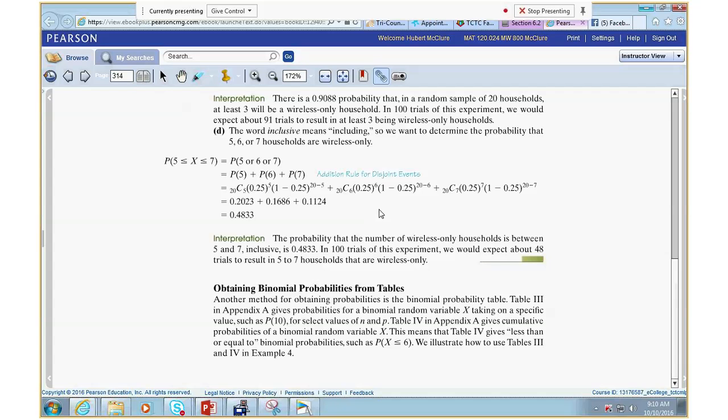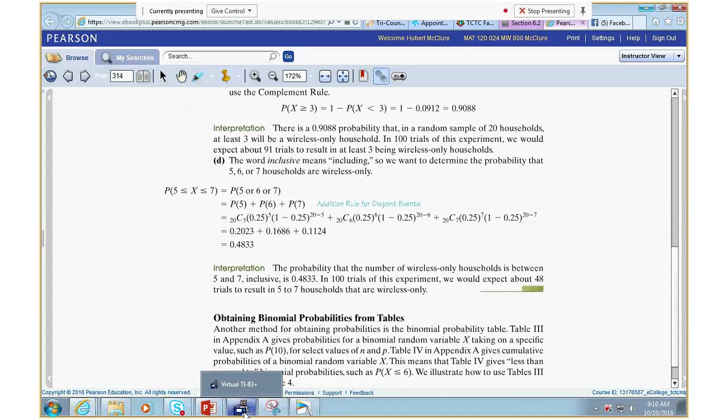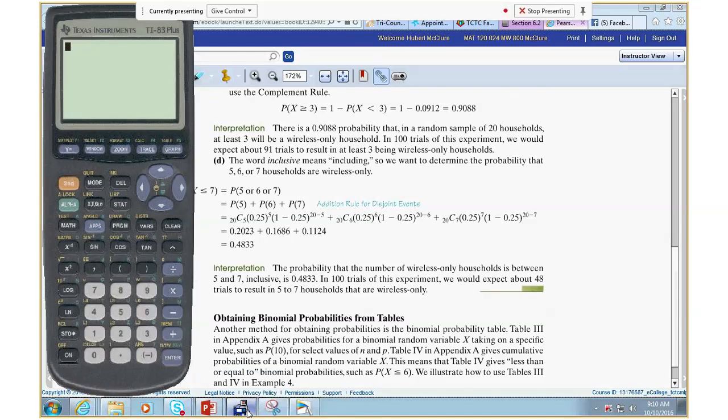Why did I get those? Let me make sure I'm hitting the right thing. Second, let me go to second bars. Binomial CDF, right? And 20, comma, 0.25, comma, and what? 5?